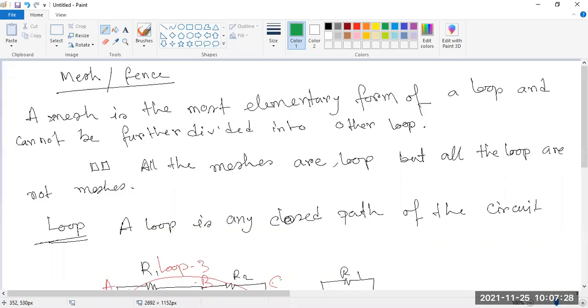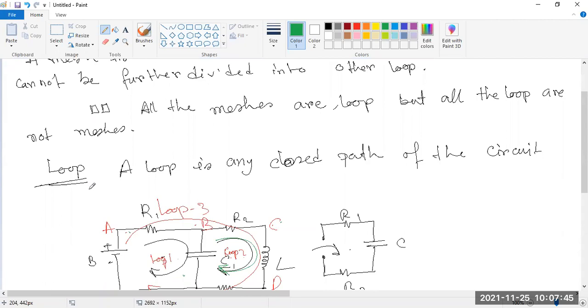Again, just read this out. A mesh is the most elementary form of a loop and cannot be further divided into other loops. All the meshes are loops, but all the loops are not meshes. A loop is any closed path of the circuit.